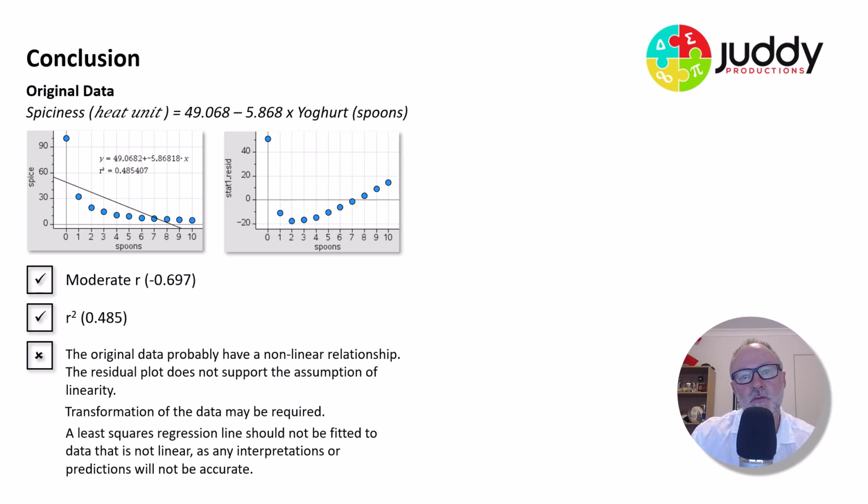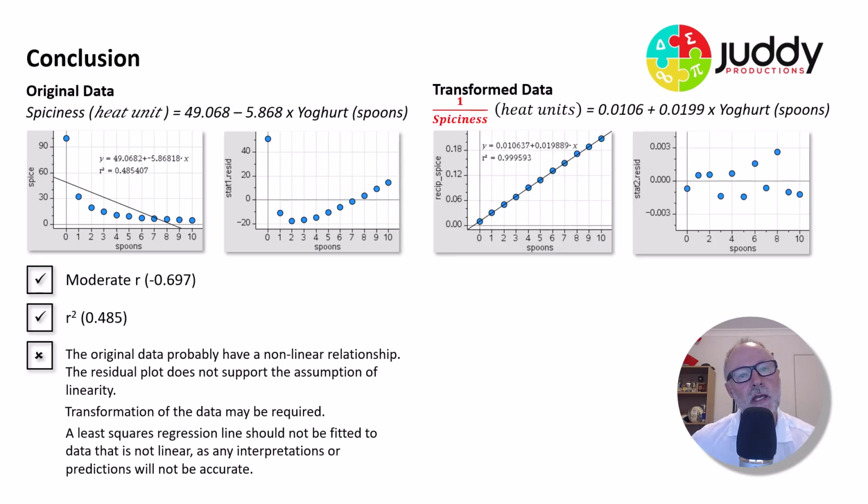Let's now look at the transformed data. After undertaking a reciprocal Y transformation, we get our new least squares regression line, which states that 1 on spiciness in heat units is equal to 0.0106 plus 0.0199 times the amount of yogurt in spoonfuls. And you can see now our new scatter plot and our new residual plot.